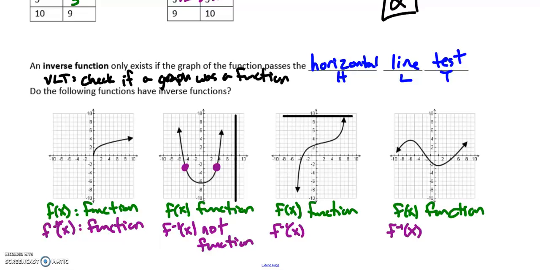So that's telling me that the inverse is a function. If I were to find the inverse, it would be a function just like the original. And lastly, if I take this one up, it very quickly hits 2 points, a lot of places, which is telling me that the inverse is not a function. So if I were to find it, it would not be a function. I could still find it, it's just not going to be a function like the original is.